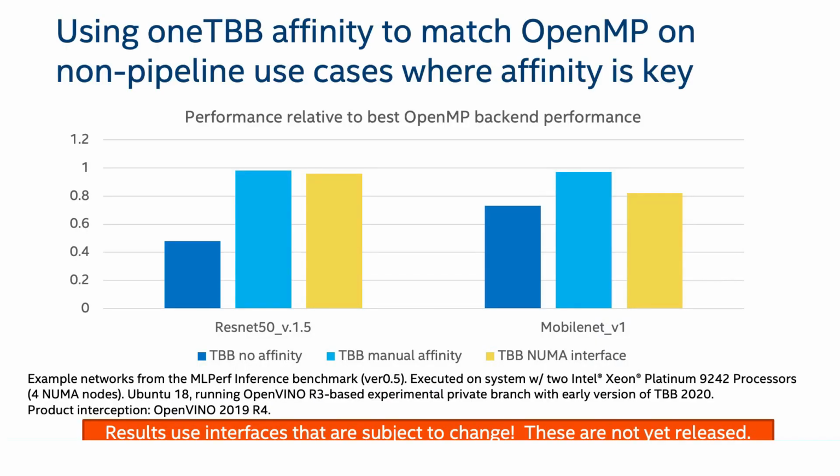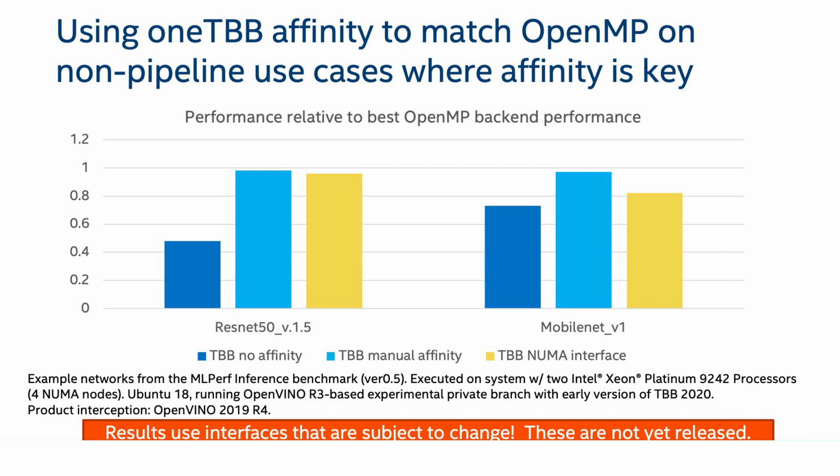is where we came up with the more user-friendly interface. So here are just two results for two models from the MLPerf inference benchmark executed on a Xeon platform with two processors, total of four NUMA nodes. And what we see here is the relative performance to the best performing OpenMP backend for OpenVINO.